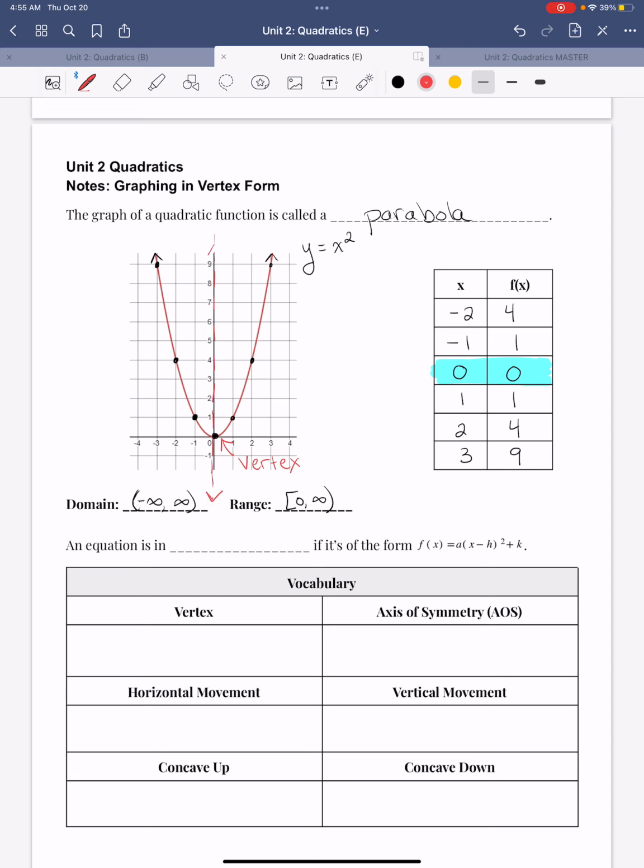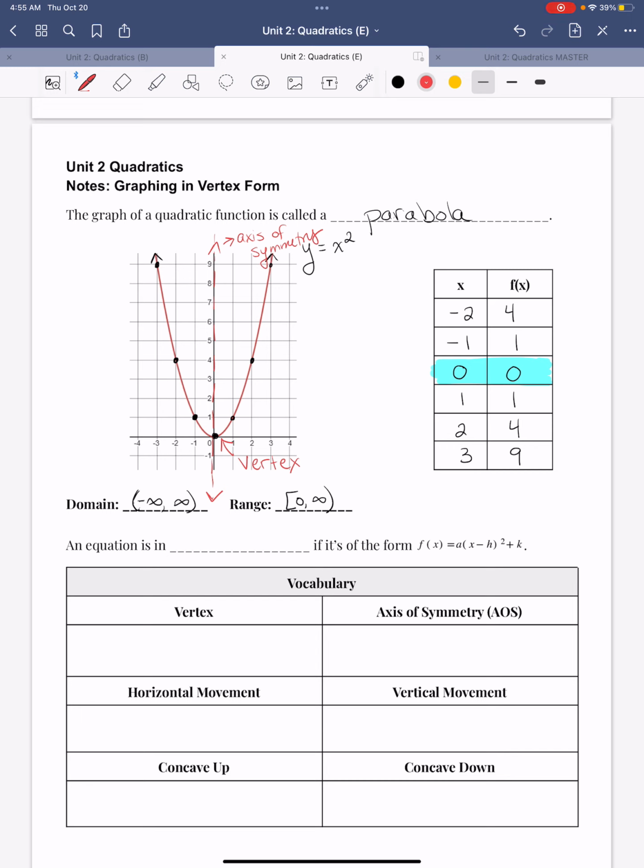And notice that it's going right through right here. The reason we call it our axis of symmetry is because it splits my graph in half. So it's symmetric over this line. So that line is my axis of symmetry.